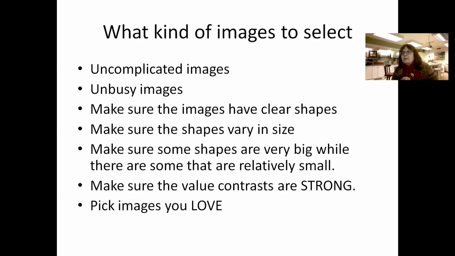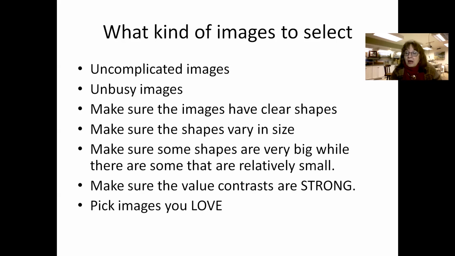So what kind of images do I want you to select? I want you to select uncomplicated, unbusy images. Make sure the images have clear shapes in them. Make sure the shapes vary in size. Make sure some shapes are very big while some of them are relatively small. Make sure the value contrasts are strong.